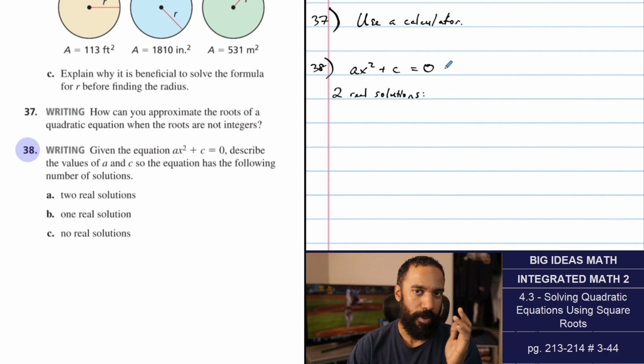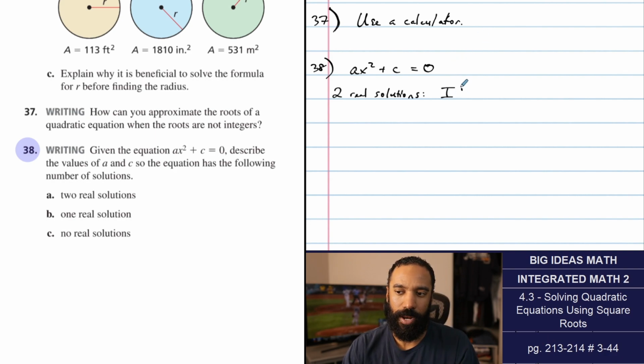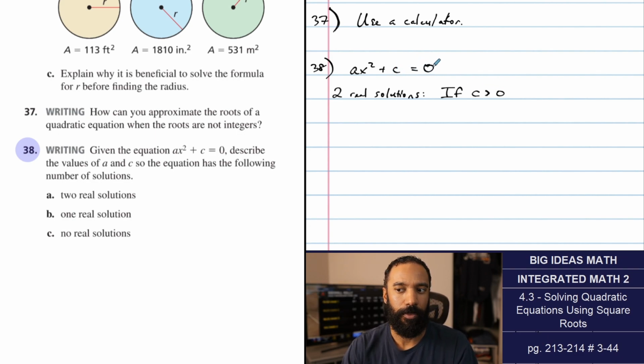Well, that's if c is positive. So if c is greater than 0, if c was a positive number, and I subtracted that positive number over, it would be turning negative, which means the only way to get 2 real solutions is a would have to be negative as well.